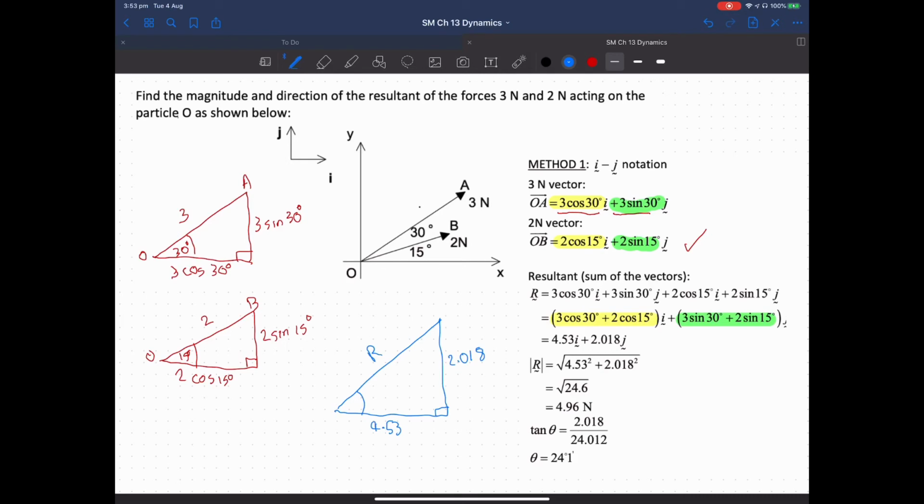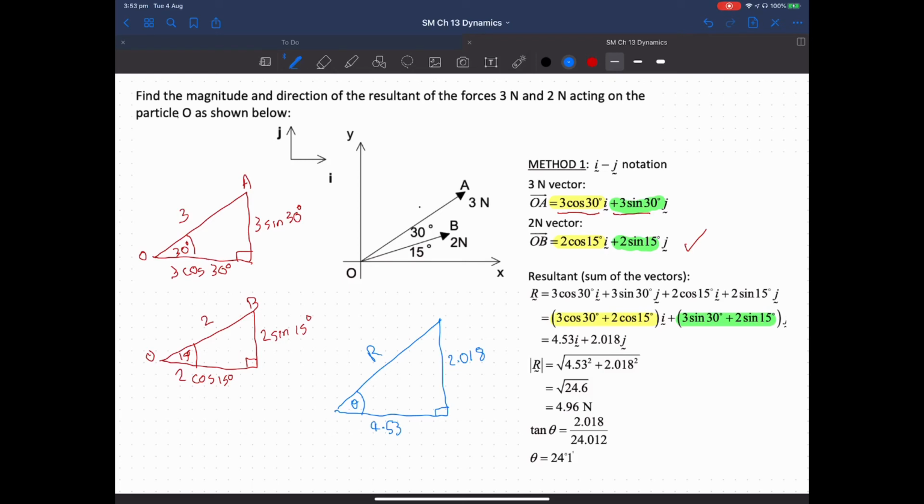And it is the angle between the hypotenuse and the horizontal side that we need to find. So, being a right-angled triangle, we want to find the magnitude of vector r, or the length of the hypotenuse. So it's the square root of 4.53 squared plus 2.018 squared, which comes out to be 4.96. Now remember to include the units, so 4.96 newtons.